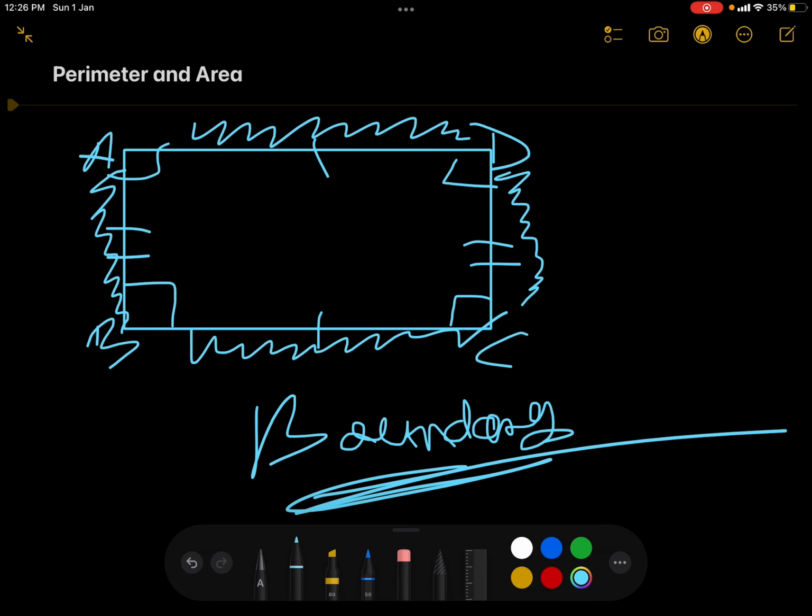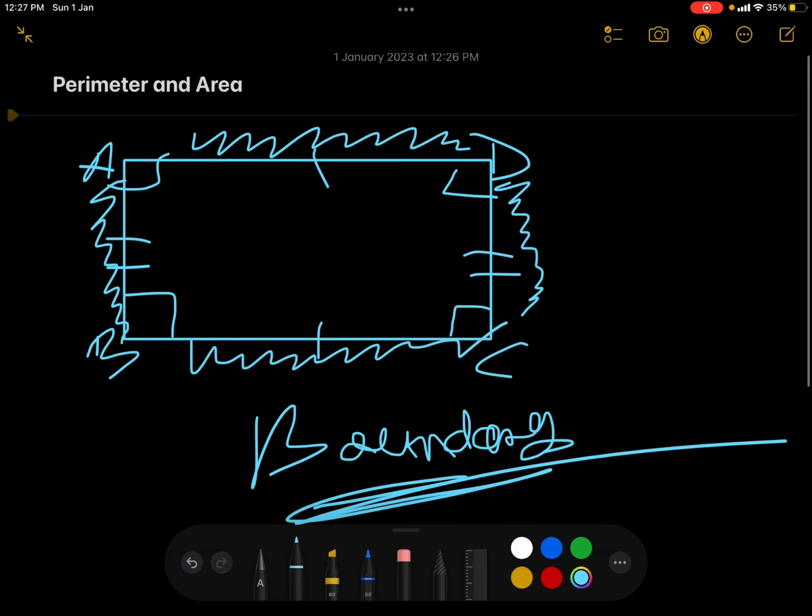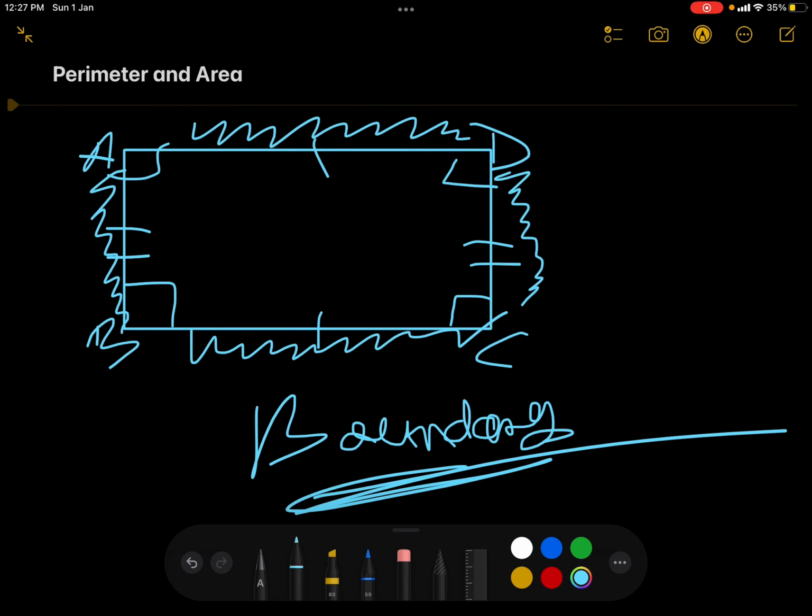In other words, it is basically like you do fencing around something. When you do fencing around something, the length of the fence is basically your perimeter. So perimeter is basically the boundary of a figure. Since it is a rectangle, we'll be adding the sides. Let's say that this is 2 centimeters, this is 1 centimeter, and this is 2 centimeters, since the opposite sides of the rectangle are equal and parallel.